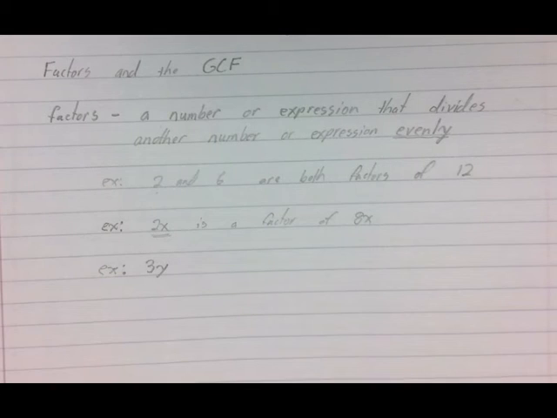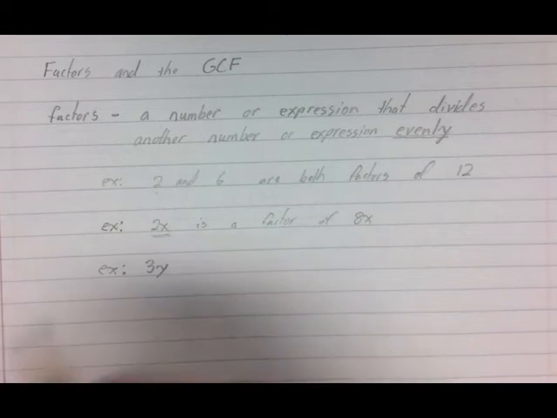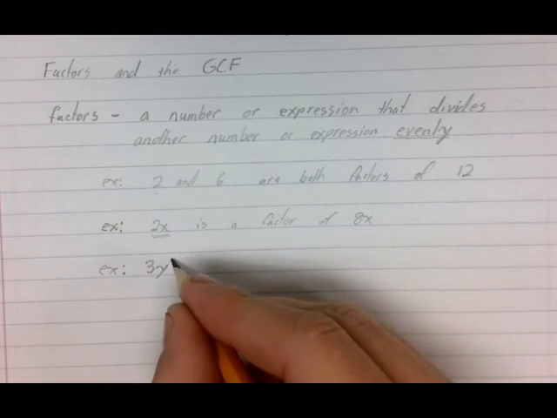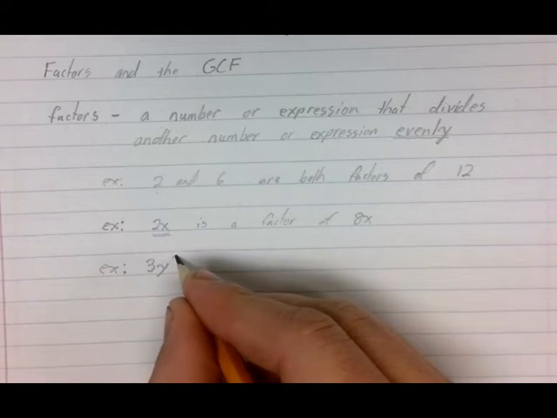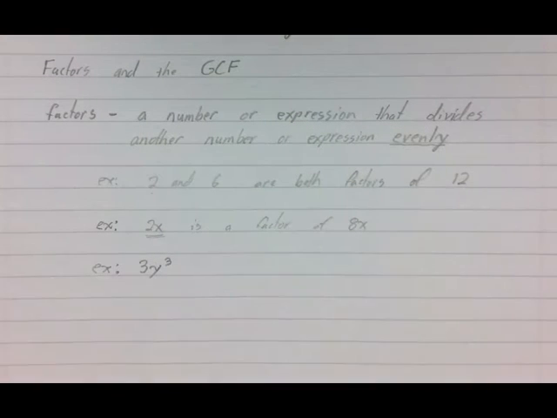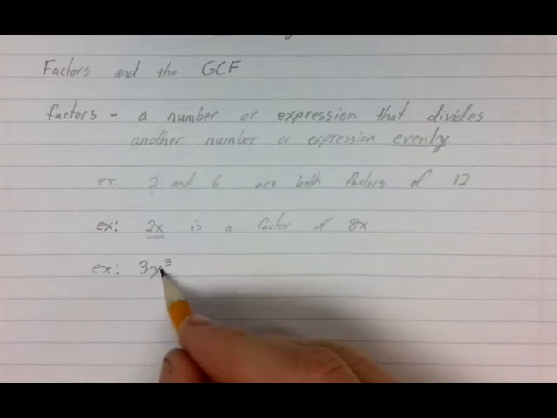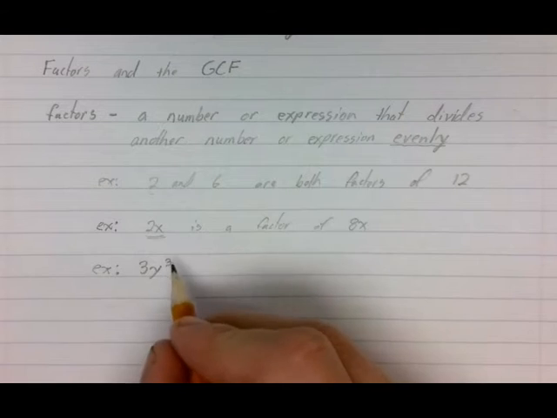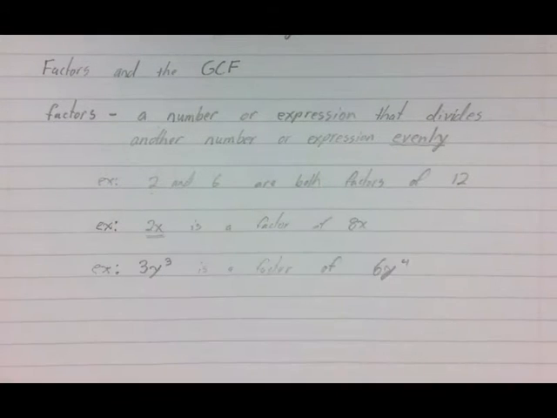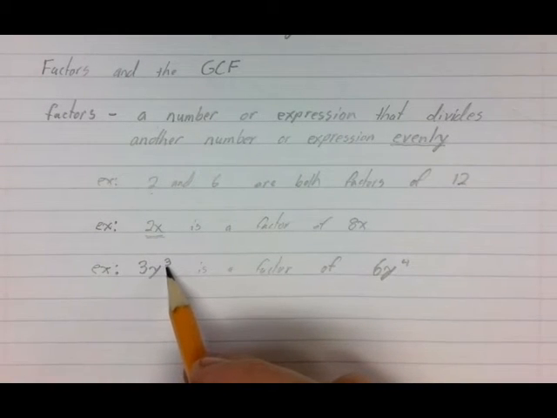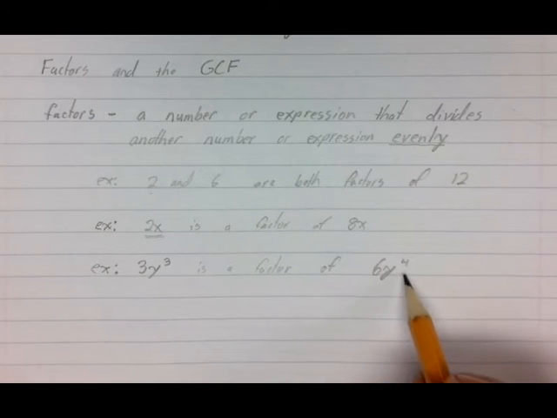All right. I do want to do one with exponents here because this does tend to be an area that we struggle with sometimes. So I'm going to do something like 3y to the third. Okay. So I want to look at 3y to the third, and it is actually a factor of 6y to the fourth. Okay. Now, a lot of people will get thrown off because they're like, well, 3 is not a factor of 4.